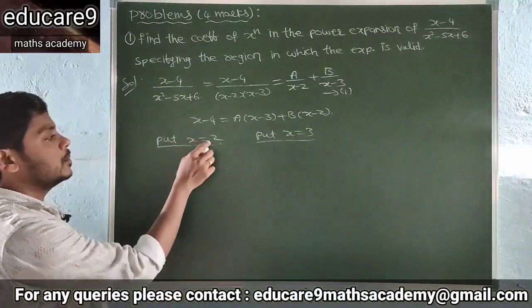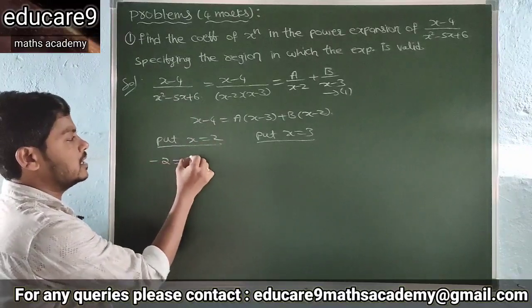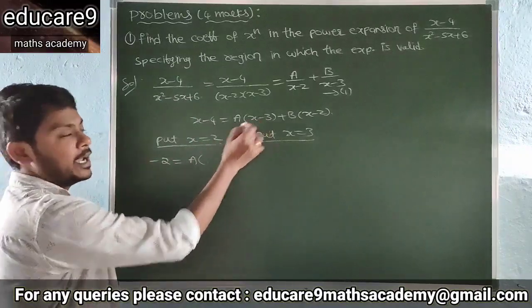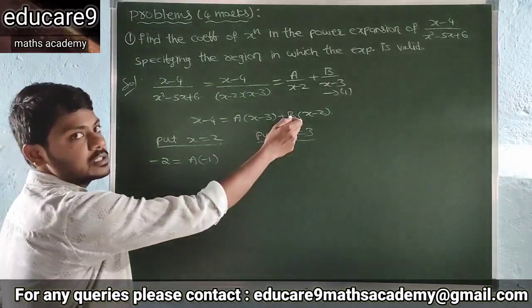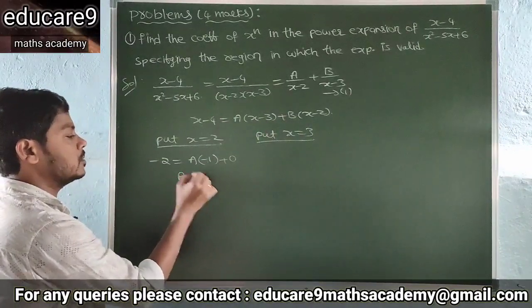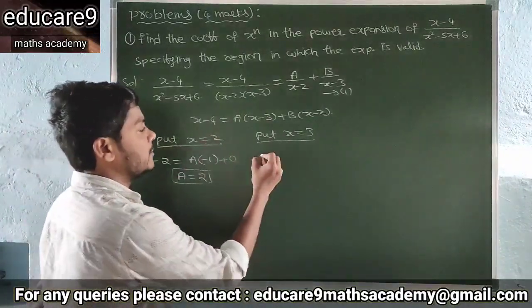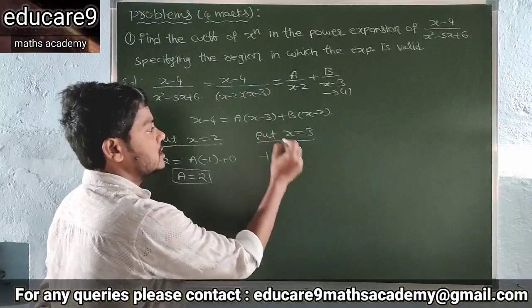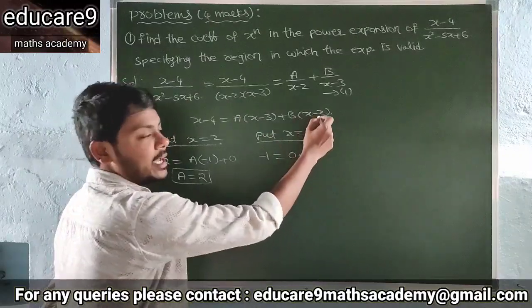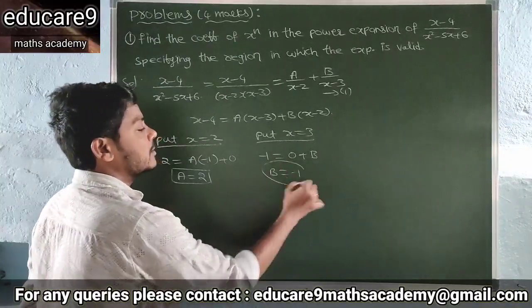Put x equal to 2: 2 minus 4 is minus 2, which equals A into 2 minus 3, that is minus 1, so minus 2 equals minus A. Clearly the value of A is 2. Next put x equal to 3: 3 minus 4 is minus 1, this is 0 for the A term. Next 3 minus 2 is 1, that is B. So B is equal to minus 1.